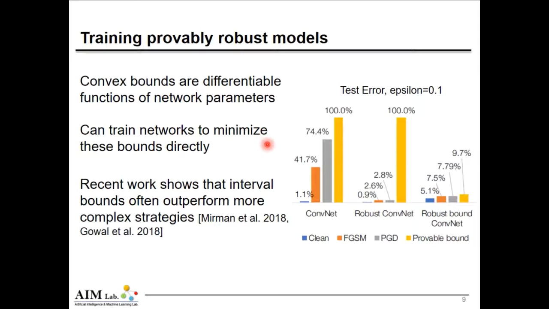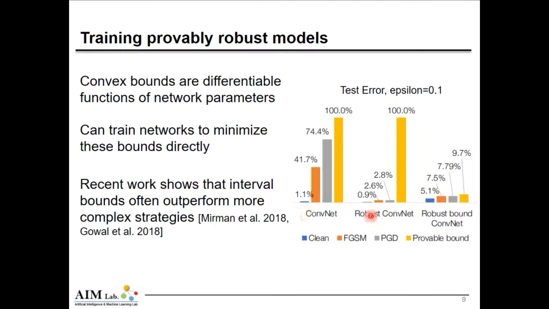So what we need is to minimize not our actual robust loss, which is very hard, but a strict provable upper bound on the robust loss of the classifier. Recent work surprisingly shows that interval bound propagation can sometimes work better for this than more complex approaches.